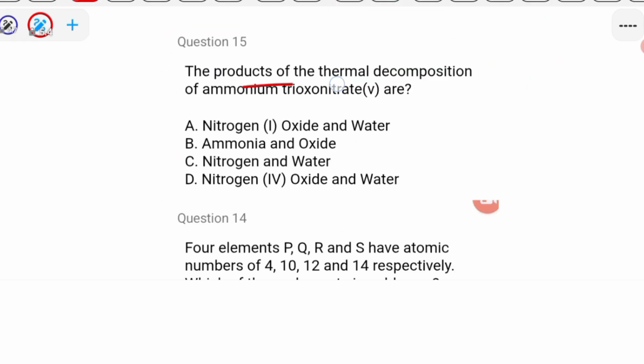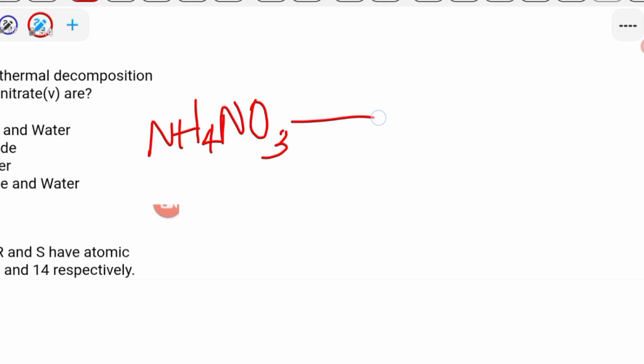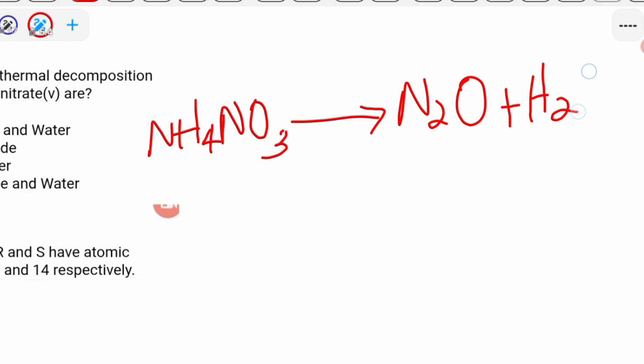Next one. The product of the thermal decomposition of ammonium nitrate(V) is... Ammonium nitrate(V) is NH4NO3. When it is thermally decomposed, we get two products. The first one is N2O, plus H2O.